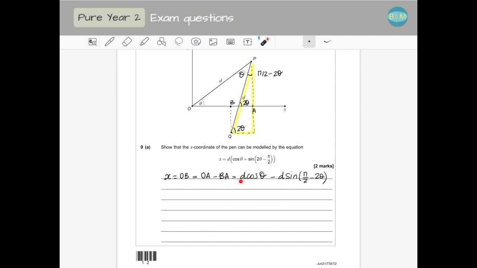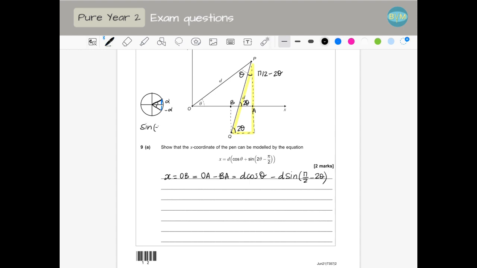We can take the D outside, and then we have this cos theta, but here we have a minus and we have these two swapped. But remember, when we have sine of an angle and the negative one, they have different signs. If I have an angle alpha, and I have minus alpha, sine, which is the vertical line, is the same, but with the sign changed.